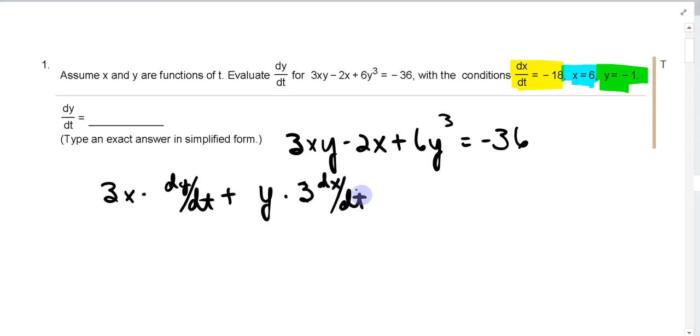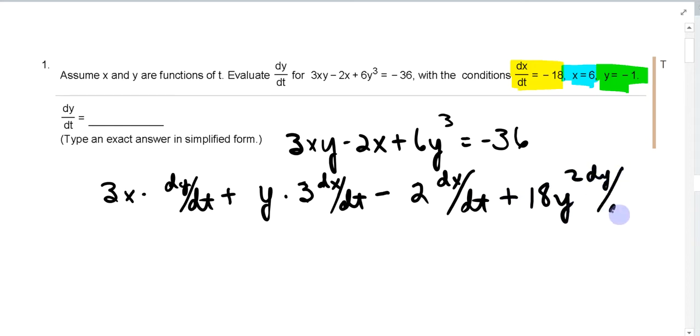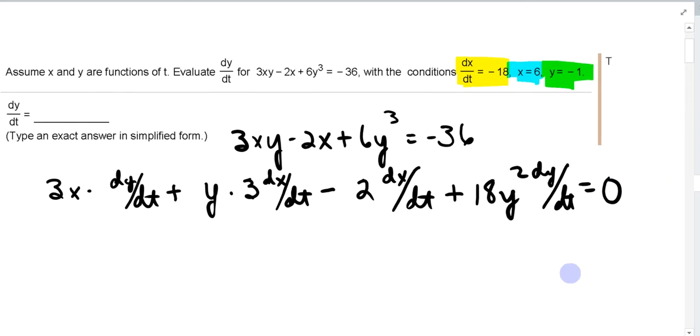That's different than what we did before. Minus 2 dx/dt plus 18y squared dy/dt equals, and the derivative of 36 is 0.